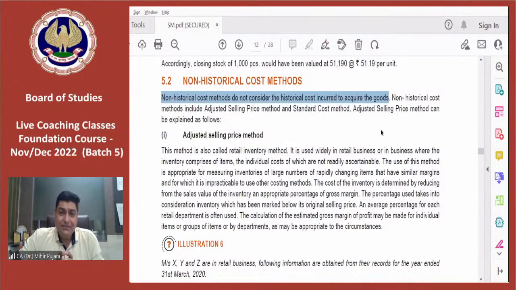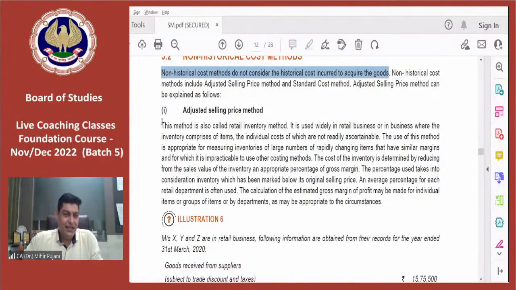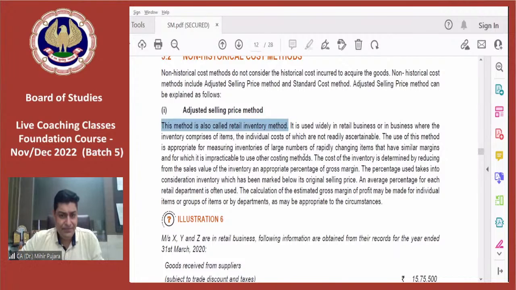So we will go by next method, which is called adjusted selling price method. Adjusted selling price method, right? What is this method? This method is also known as retail inventory method.